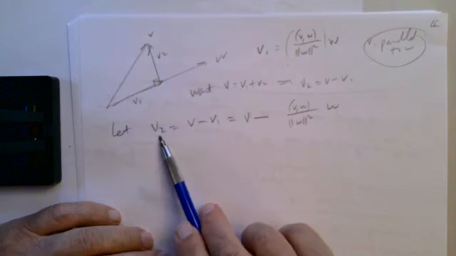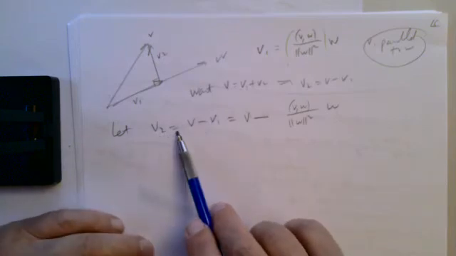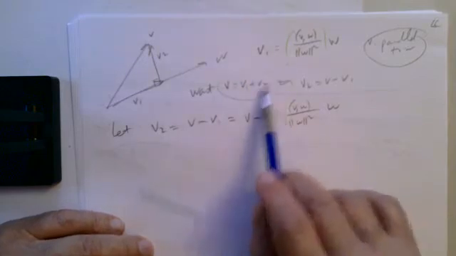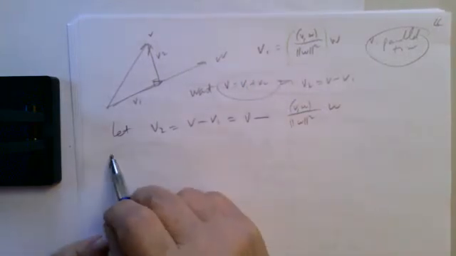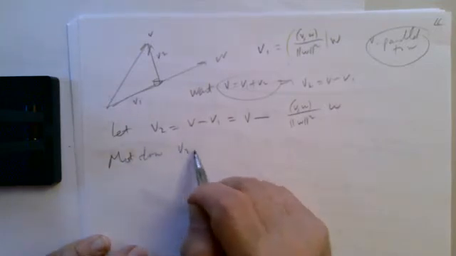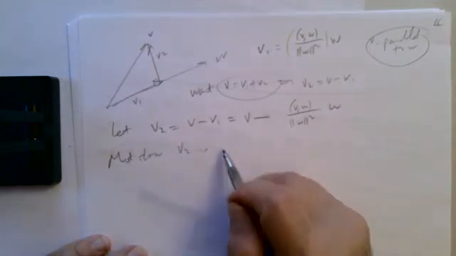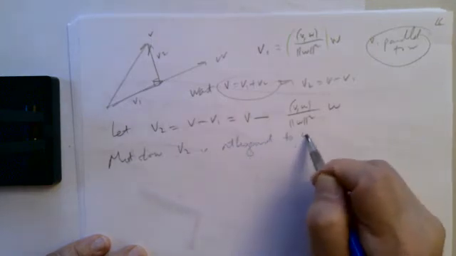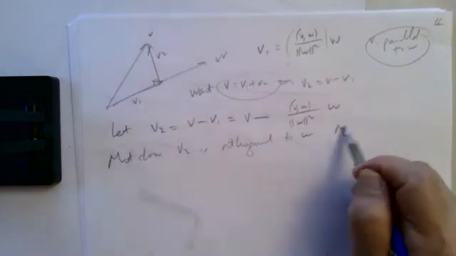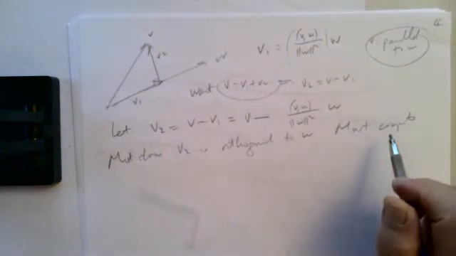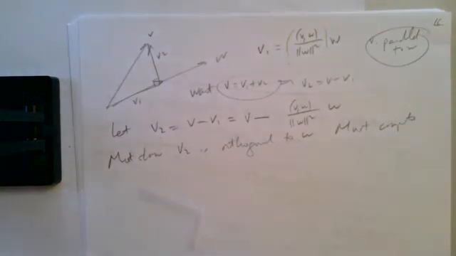This vector V2, just by definition, satisfies V equals V1 plus V2, right? So I must show that V2 is orthogonal or perpendicular to W, which means I have to compute the inner product and see if it's 0.